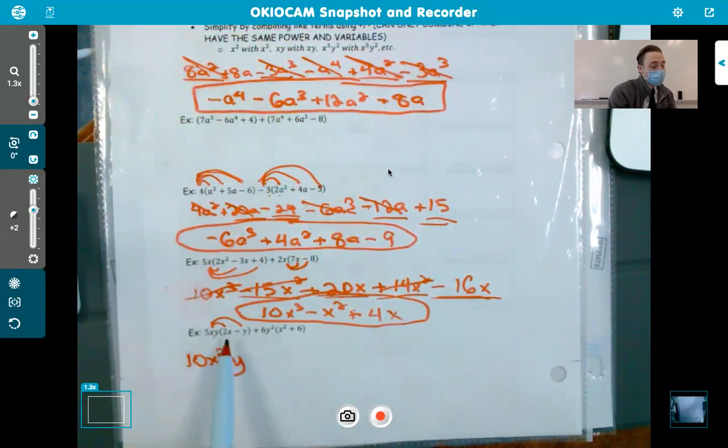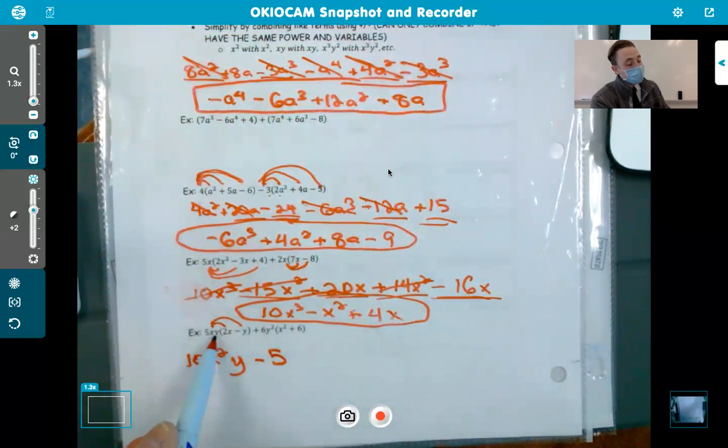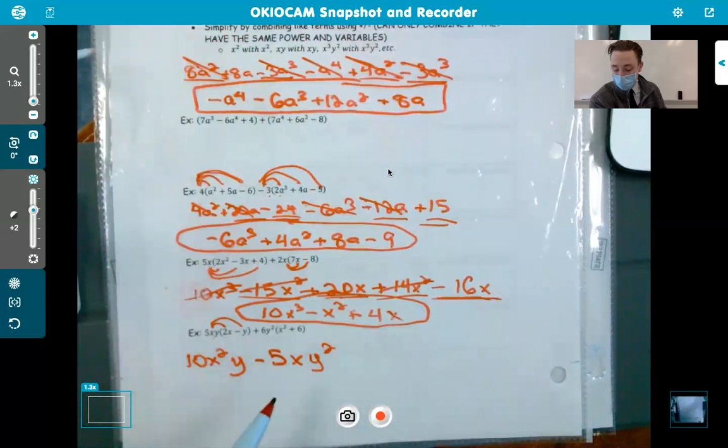In the second term, 5xy times negative y, well, 5 times negative 1 is going to give me negative 5. There is no x term to combine in this case, so the x tags along. And then y times y is going to give me y squared. Okay.